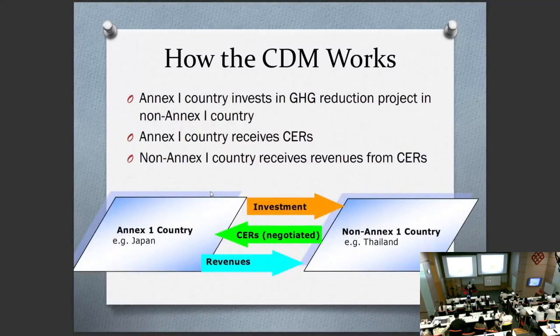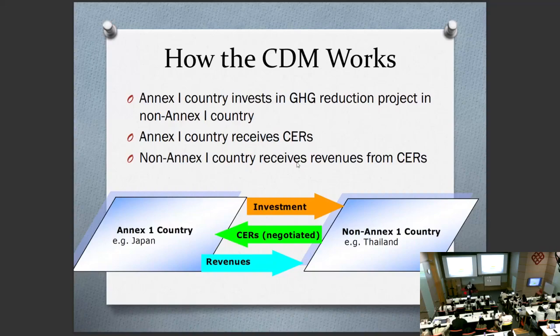So the NS1 country invests in a greenhouse gas reduction project in the non-NS1 country. So the developed country invests in the project in the developing country, and the developed country receives the credits, and the non-NS1 country, that is the developing country, receives the revenue.